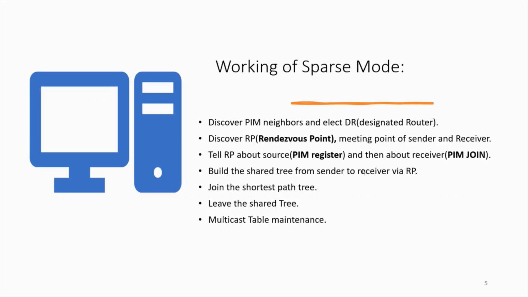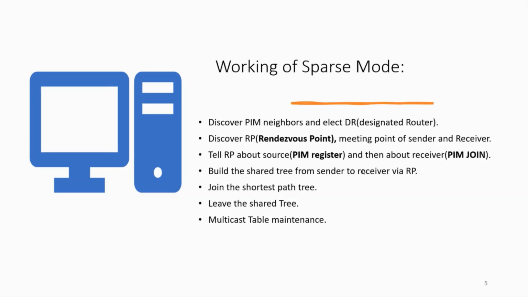Once it knows the rendezvous point, it figures out where the sender is with the help of the PIM register message, and gathers information about the receiver with the help of PIM join.